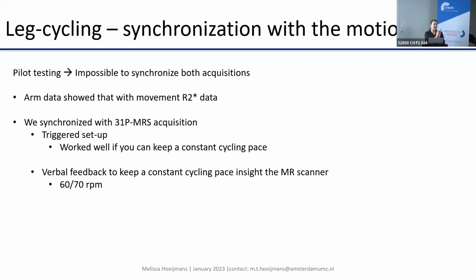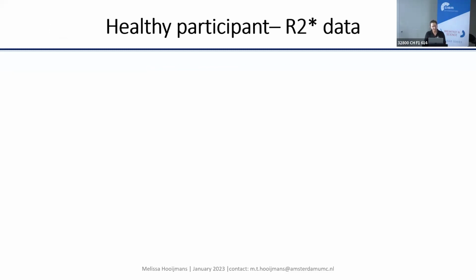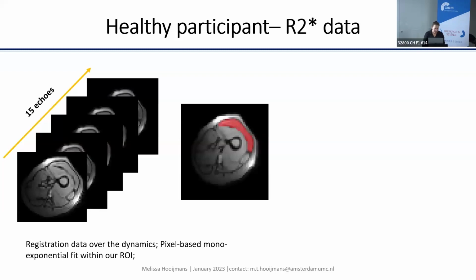And then you end up with quite good spectral quality, not every time, because sometimes it just doesn't work, but you have good enough data to look at the resting period, the exercise period, and of course the recovery when somebody is laying still again.